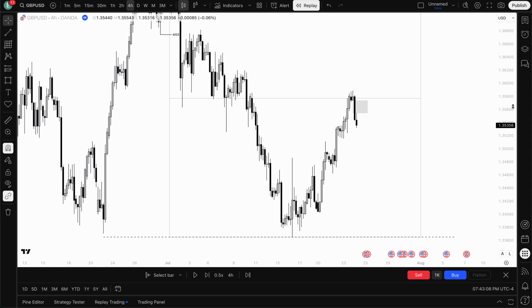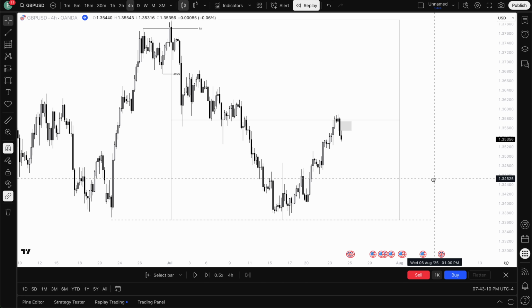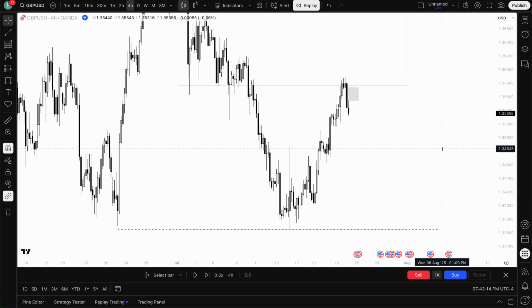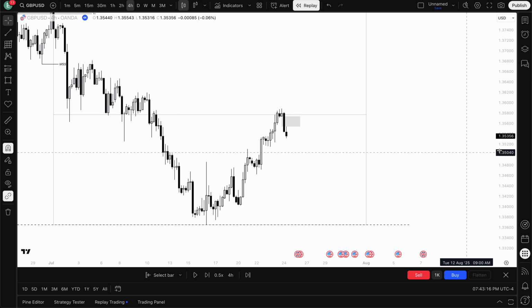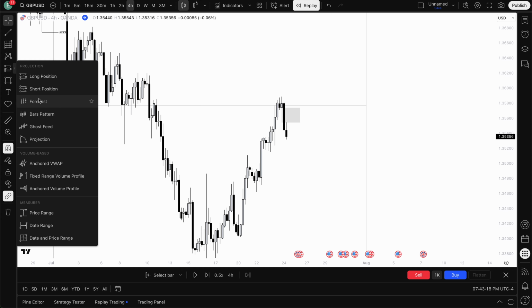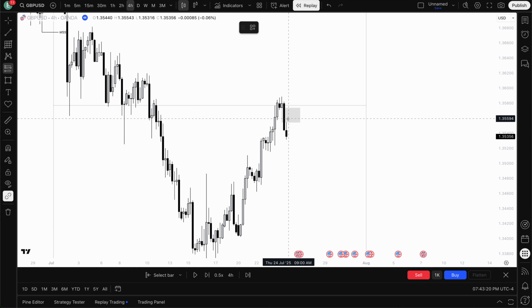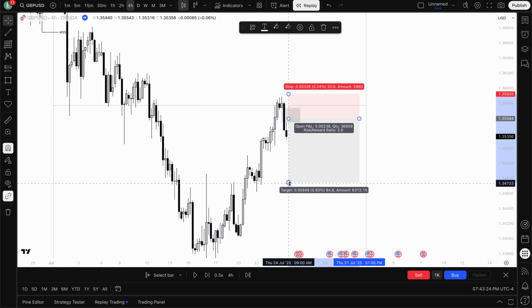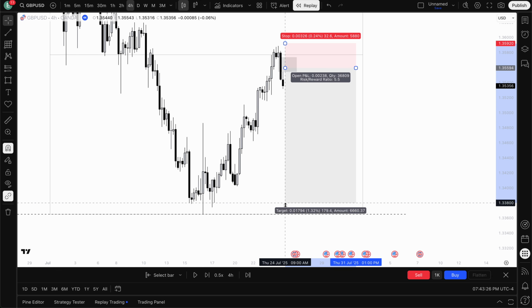If you were just trading this like a generic ICT trader and you trade fair value gaps, you might be looking at this and saying, okay, I want to go short inside this FVG, stop loss above the high, and then target these equal lows.